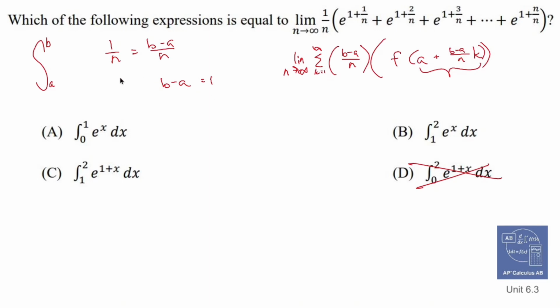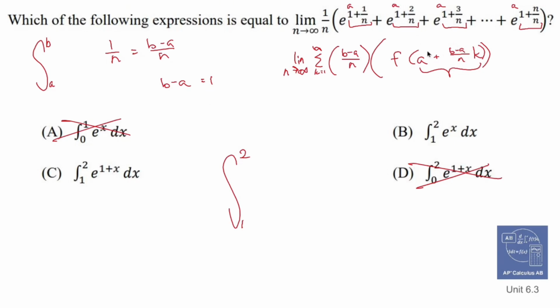Now what I also know is that b minus a is 1, so my x is going to look like some a, and that tells me that a is 1, which means b is 1 more than that, 2, which knocks another option out of the question.